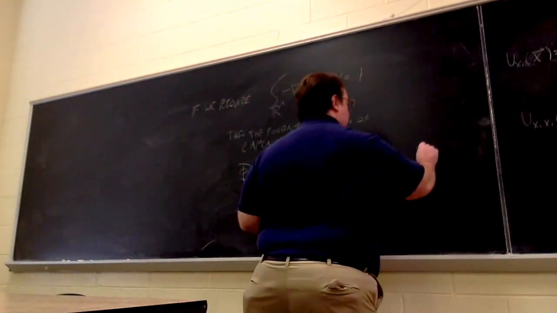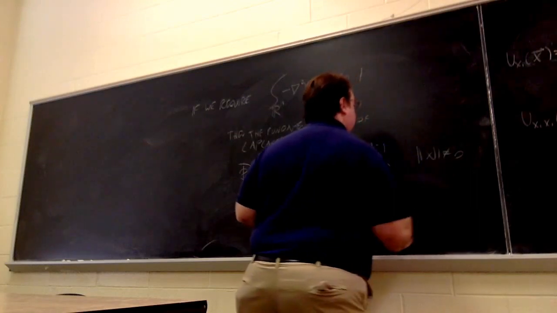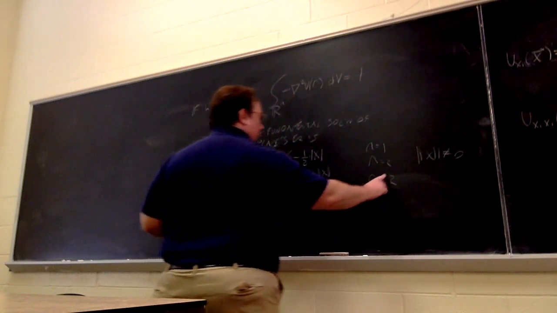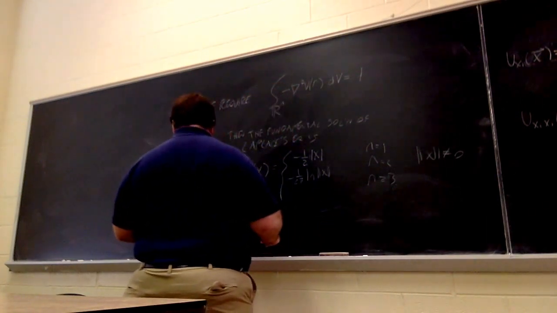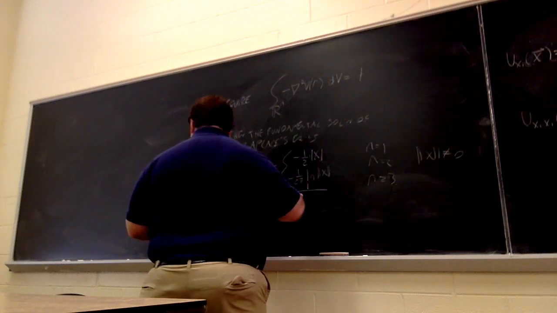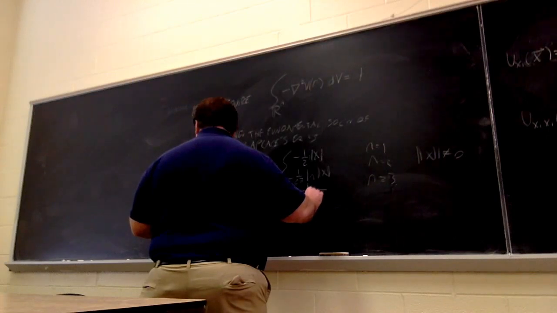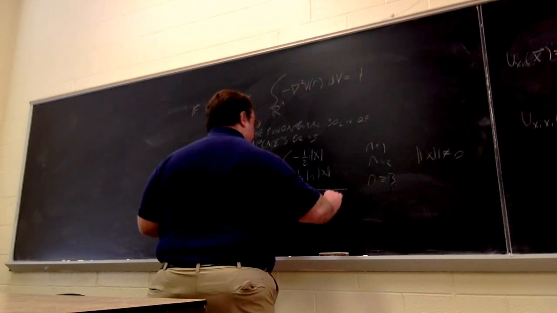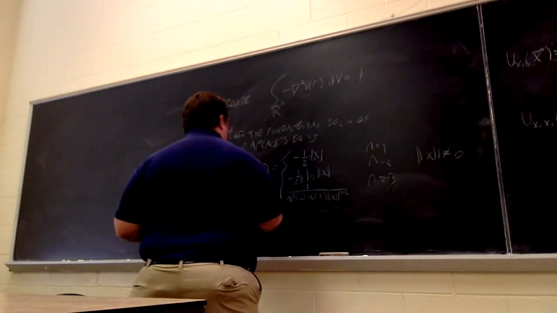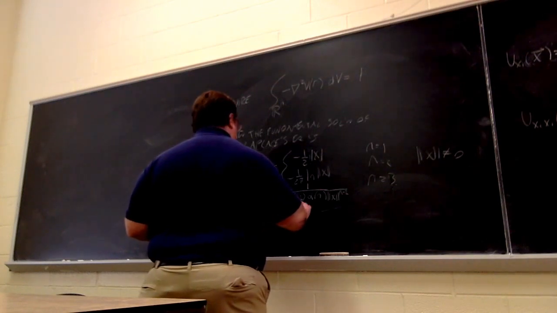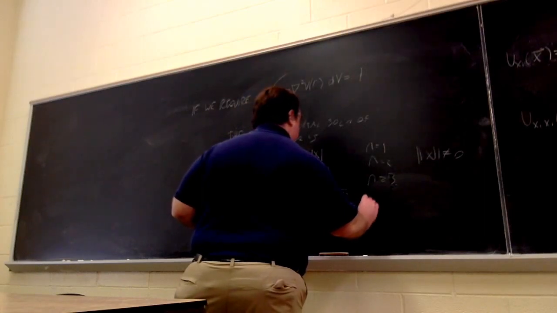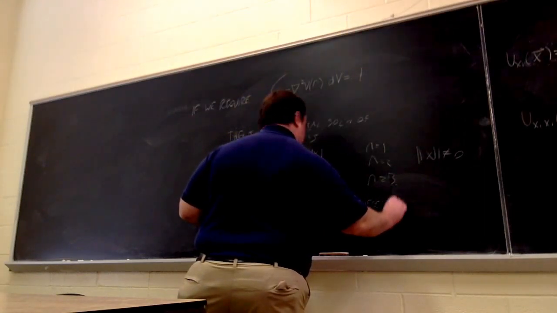And finally, for n greater than or equal to 3, we have 1 over n(n minus 2) alpha of n, which I'll define in a moment, times the magnitude of x to the n minus 2, where alpha of n is equal to the volume of the unit ball in R^n.